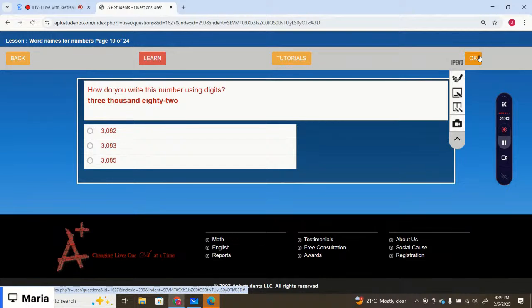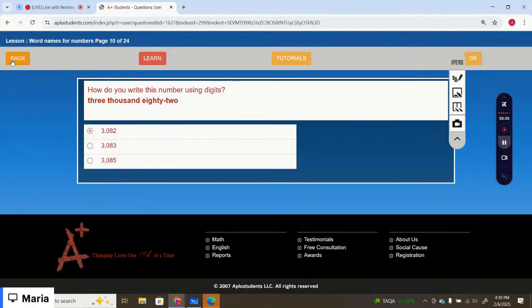How do you write this number using digits? 3082. Option number 1 is the correct option.